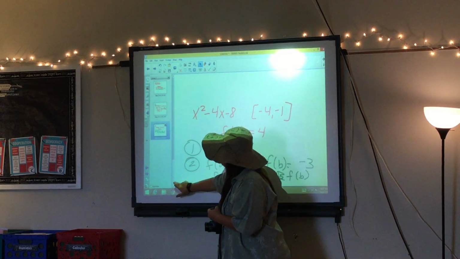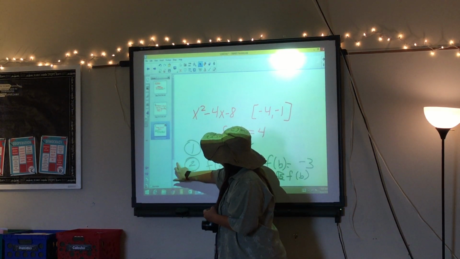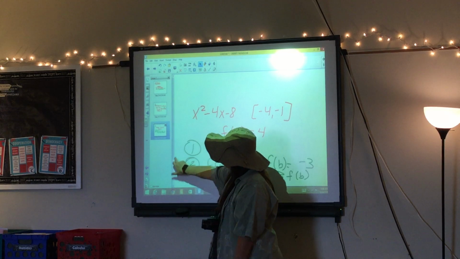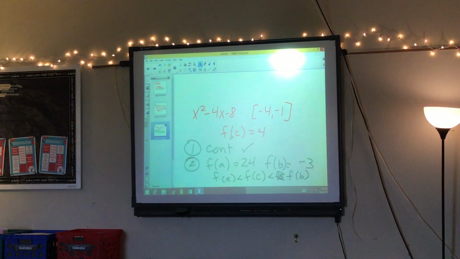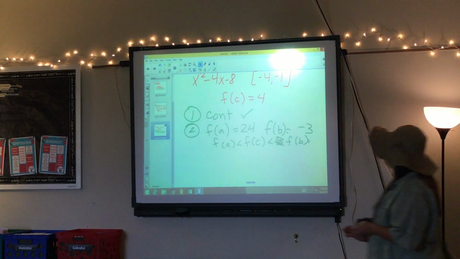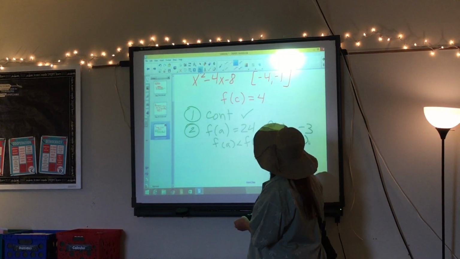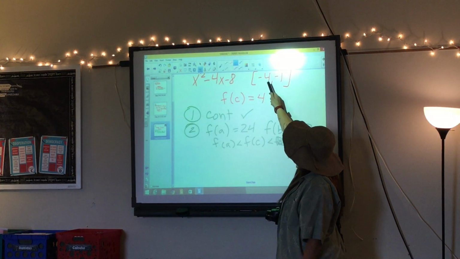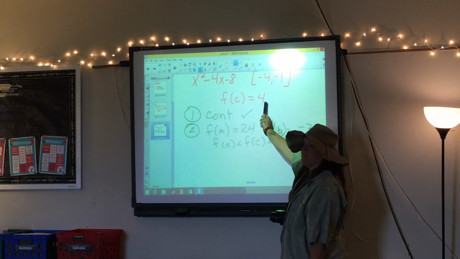And then we can make our conclusions, which say: since this is continuous, and since f of c is in between f of a and f of b, there is a value in between -4 and -1 that gives us 4.